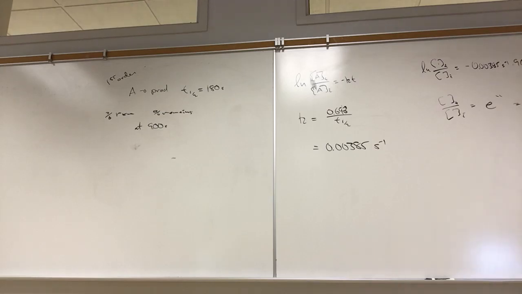Okay. So that's the amount at time t over the amount initial. So it's 0.0312 out of 1 initial.